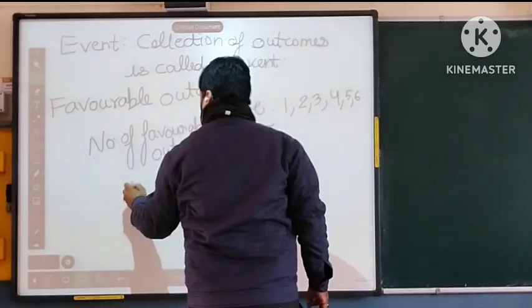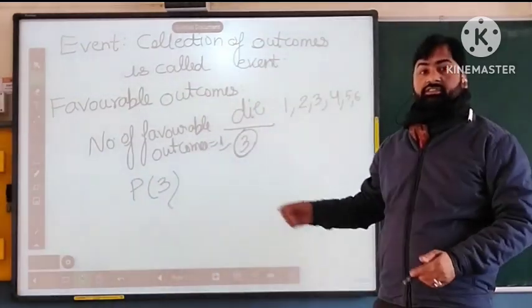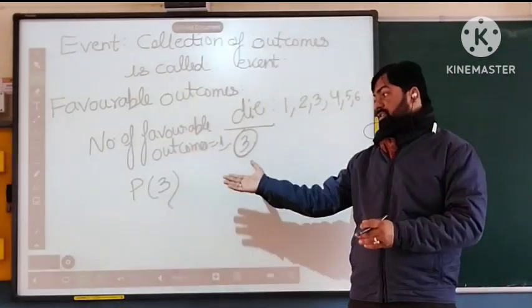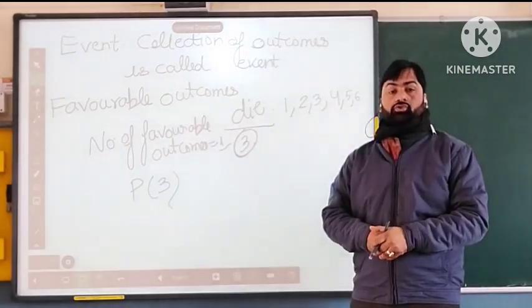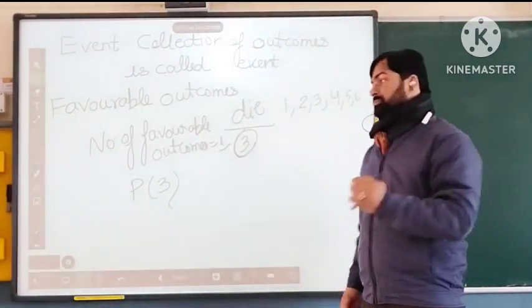If I talk about P of 3, children, I have used this expression so many times in the solutions. P of 3 means probability of getting 3.